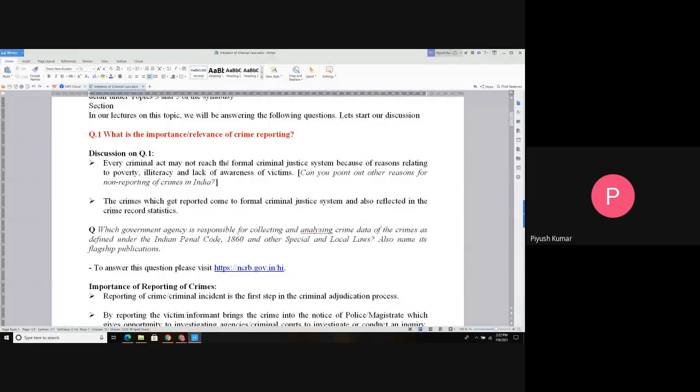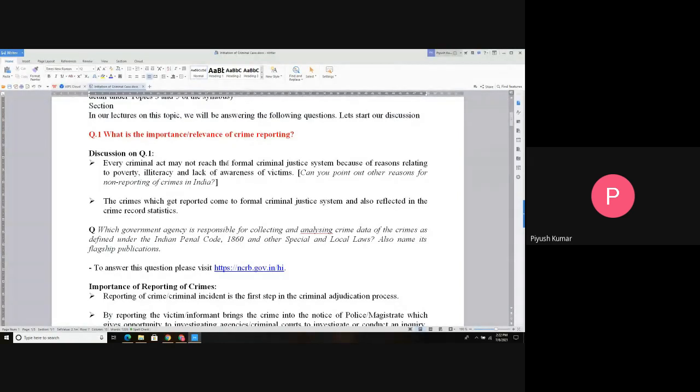So suppose a serious sexual offense has been committed against a woman, then numerous factors would govern the initiation of a criminal case or the steps towards initiation of a criminal case. There shall be numerous factors which me and you cannot fathom if we do not have that gender.